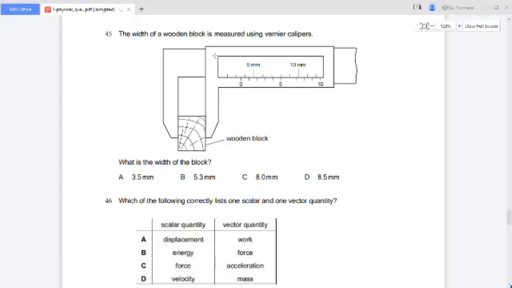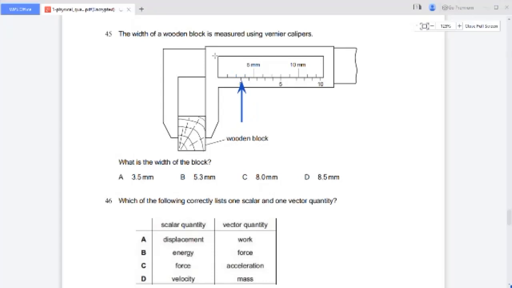So in question number 45, it's a Vernier caliper. Let's see where the main scale 0 is. Vernier scale 0 is here. If we go here, it's 5 on the main scale, it's 4 on the main scale, and it would be 3 on the main scale.